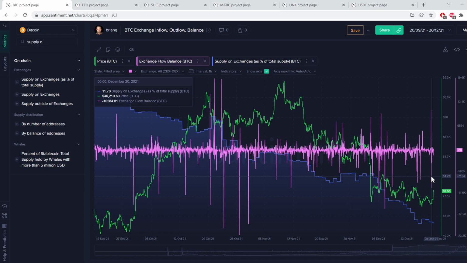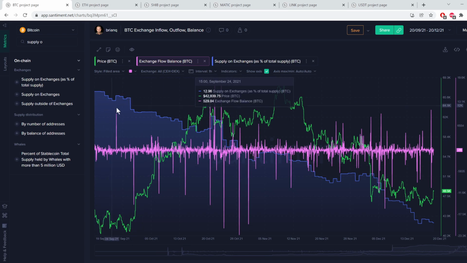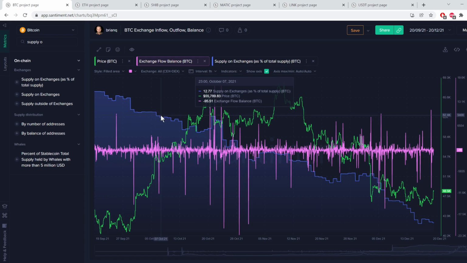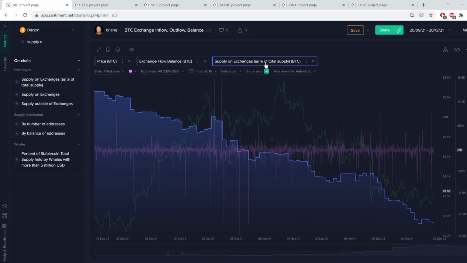And the way we can tell whether these flow balance spikes are actually legitimate and something to pay attention to is how the supply on exchanges is looking, in terms of the percent of supply, the ratio of Bitcoin that is on exchanges versus off. Generally, if you see the line declining, which it very clearly is right here, that's a sign that there is less risk of a major sell-off simply because there aren't as many coins possible to sell on an exchange.